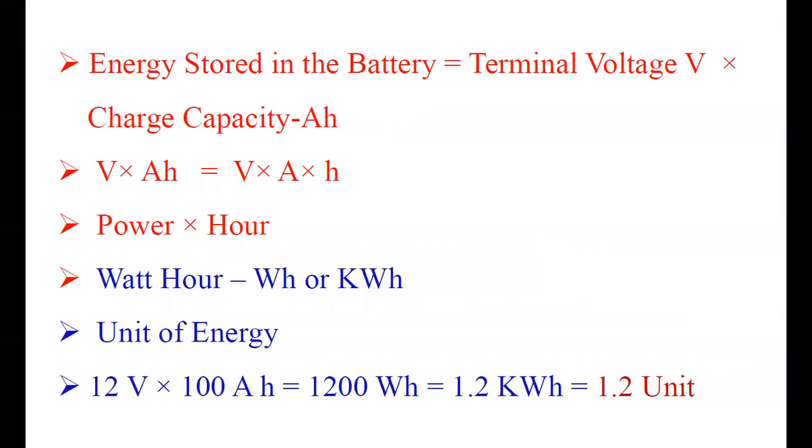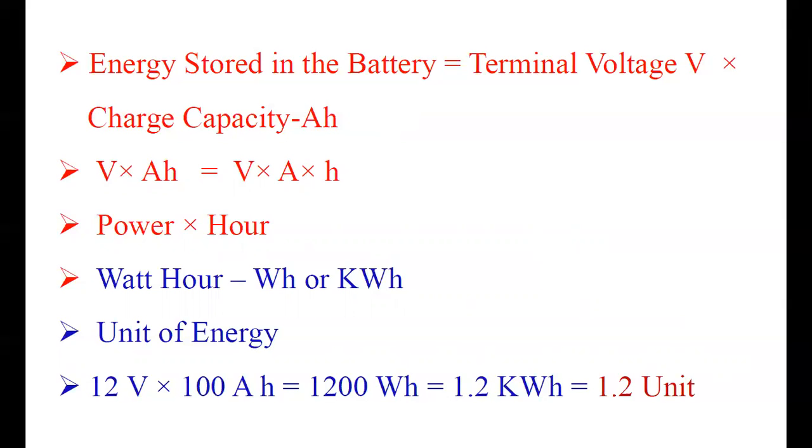So if you multiply the terminal voltage of the battery by its ampere hour capacity, you get the amount of energy stored in the battery. The unit of energy is watt hour or kWh. 1 kWh is 1 unit.